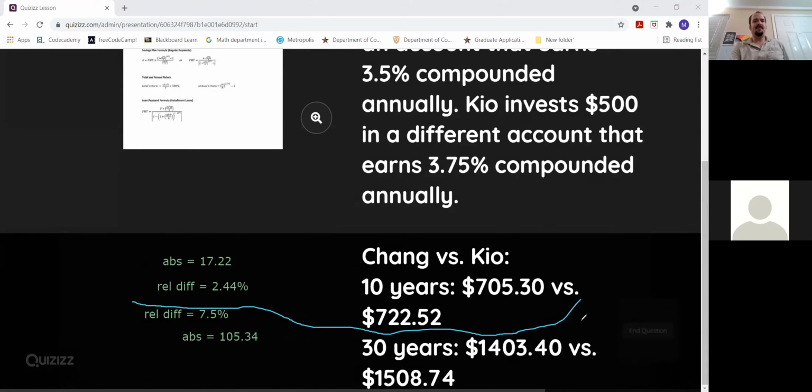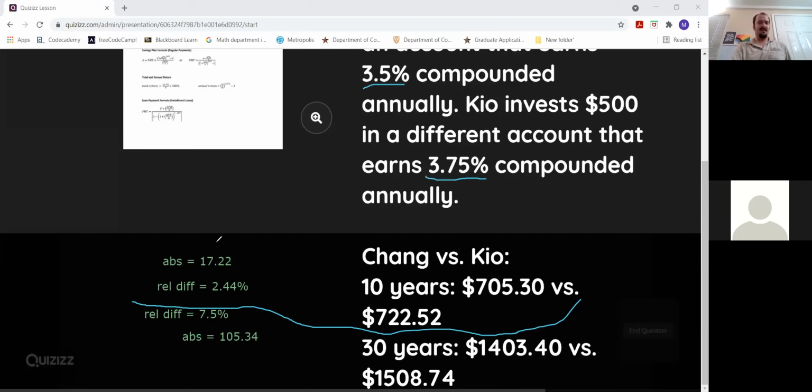So you're talking about maybe a $17 difference in 10 years. But when you get to 30 years, you're talking about what, $105 in difference? And so they're not too far off, right? It's like 0.25% difference here.